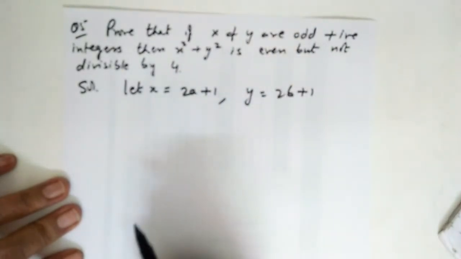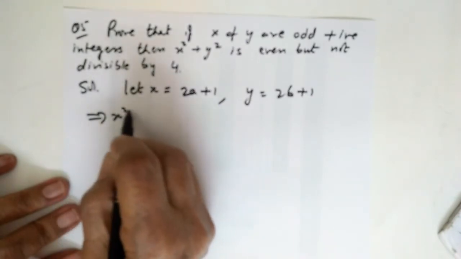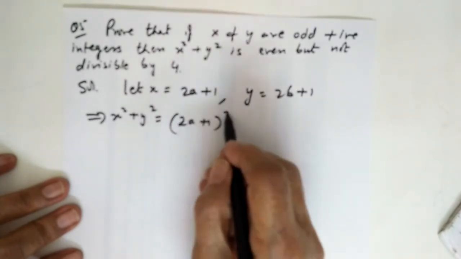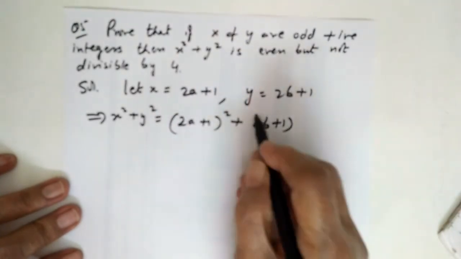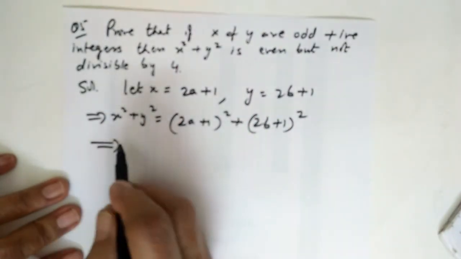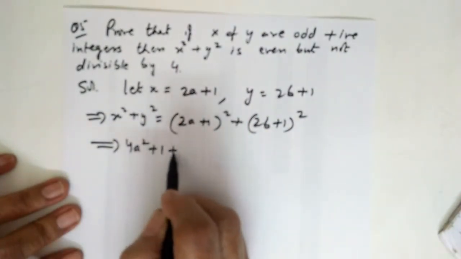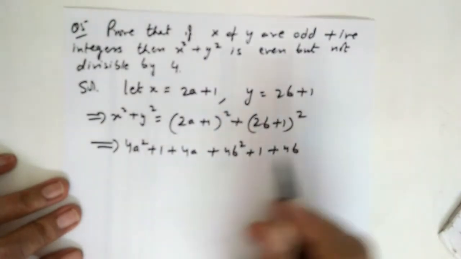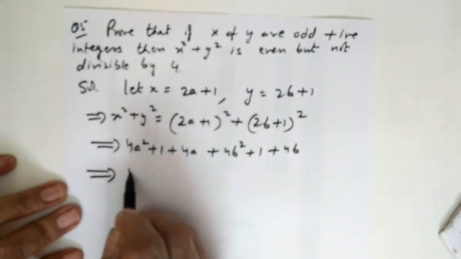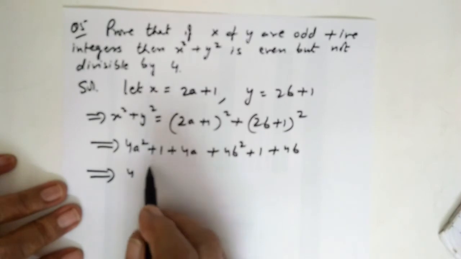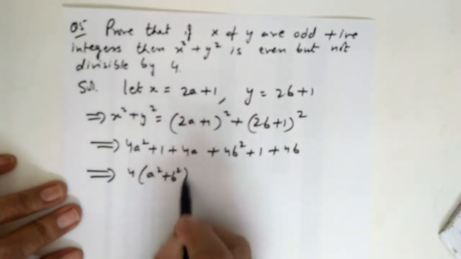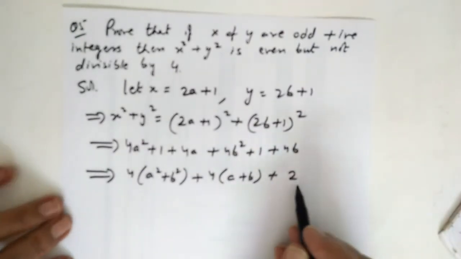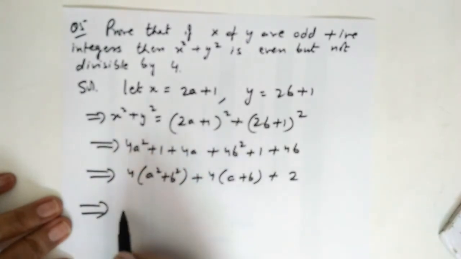x square plus y square, so you can write taking square, 2a plus 1 whole square plus 2b plus 1 whole square. इन स्क्वायर्स को खोल दीजिए. 4a square plus 1 plus 4a plus 4b square plus 1 plus 4b. We can write this as 4 times a square plus b square plus a plus b, plus 2. 4 इन दोनों में से कॉमन फिर से ले लीजिए.